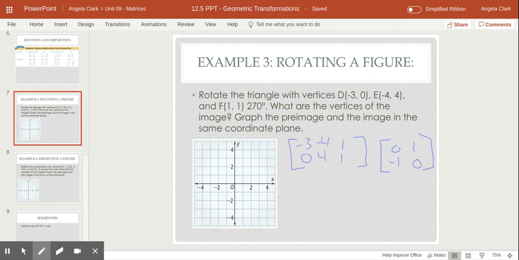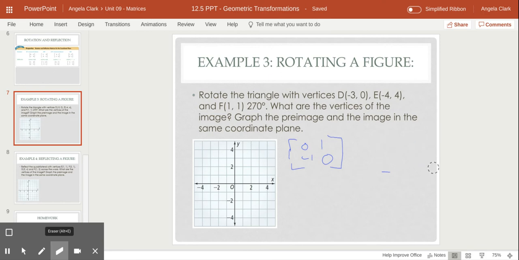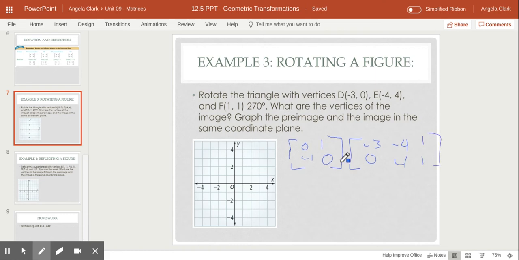So I would need to switch these. Let's go ahead and do that. Sorry about that. But that is just a good reminder that we can't multiply in whatever direction we want. We have to multiply only in the direction that works. For our purposes, just know that the transformation matrix will always go first and then the pre-image.